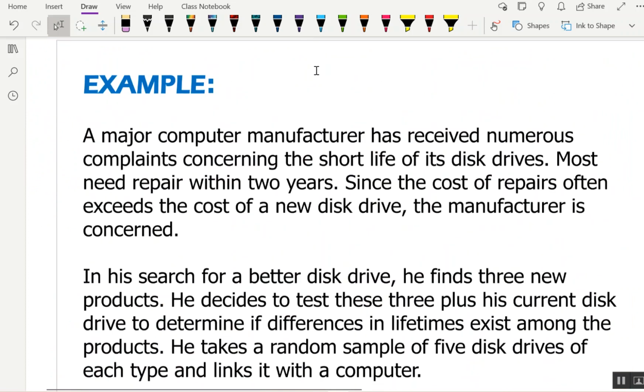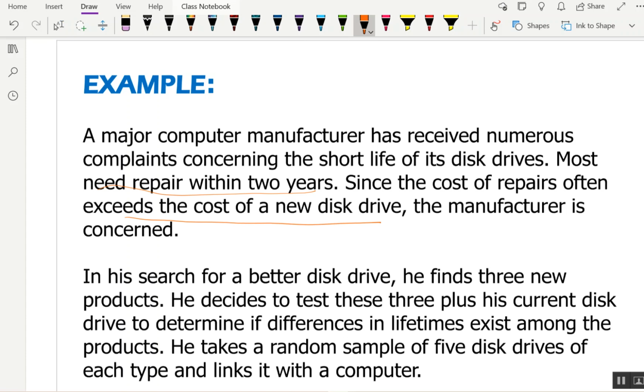Now we go into one example for us to get a better understanding on how to apply this. A major computer manufacturer has received numerous complaints concerning the short life of its disk drive. Most need repair within 2 years. Since the cost of repair often exceeds the cost of a new disk drive, the manufacturer is concerned.